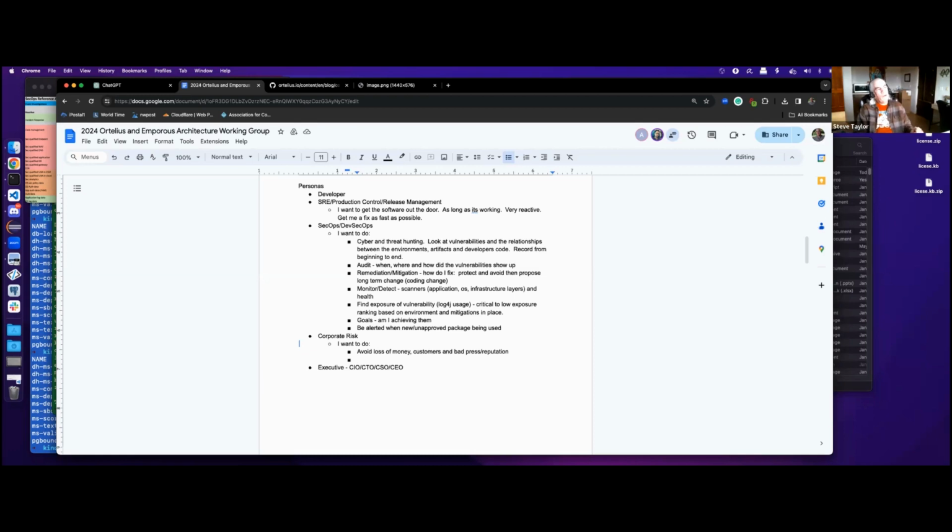Would a corporate risk person want to know, and we kind of alluded to this last time, the cost to fix something? I don't think so. I think a CEO would want to know. Corporate risk, I'm not sure.